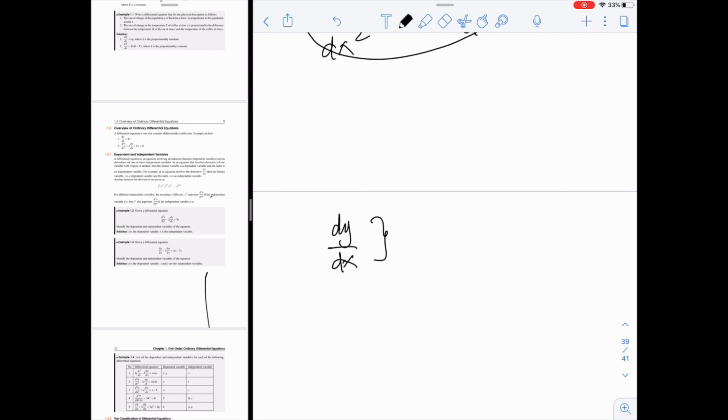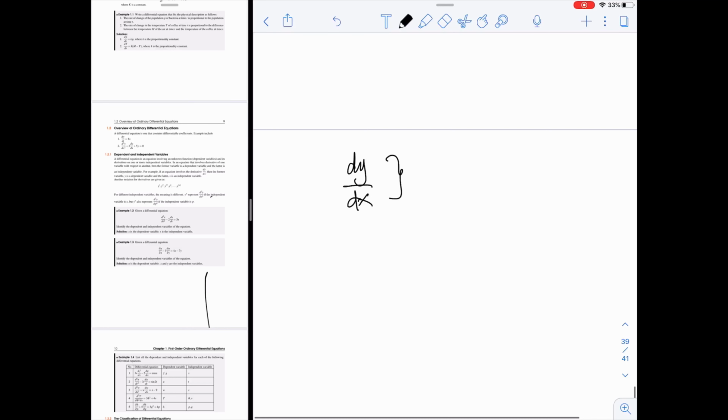We can pronounce it as dy/dx, or you may write it as y prime, or y'(x), so they all represent the same thing.